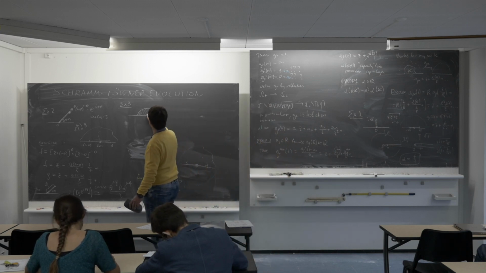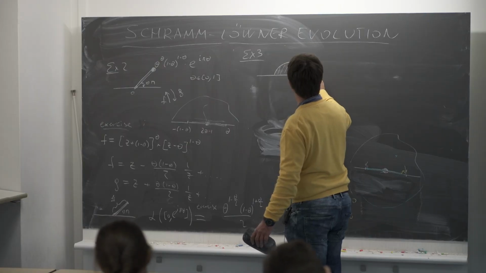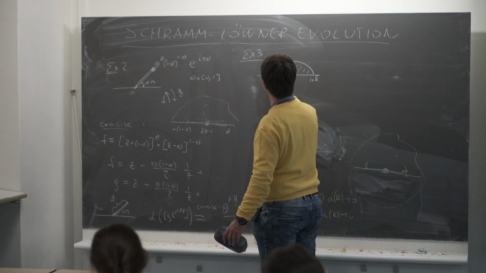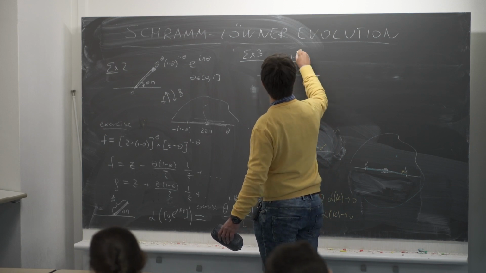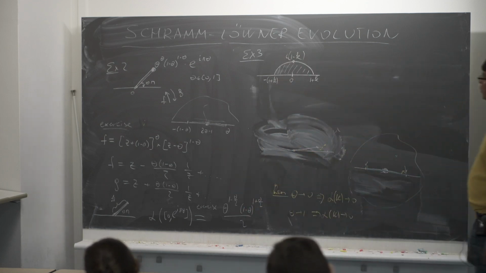So for example, let's for simplicity say that it's point 0, it's point 1 plus k, this is point minus 1 plus k, and this point 1 minus k times i. So the two half-axes are 1 plus k, 1 minus k.